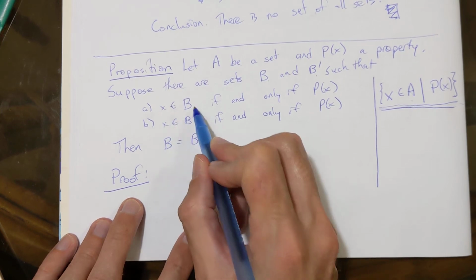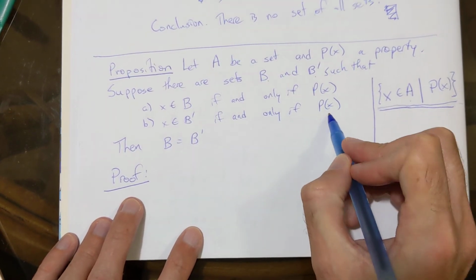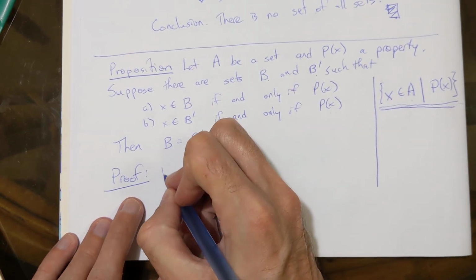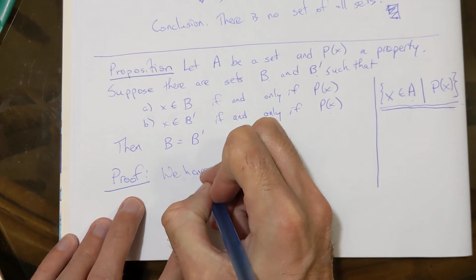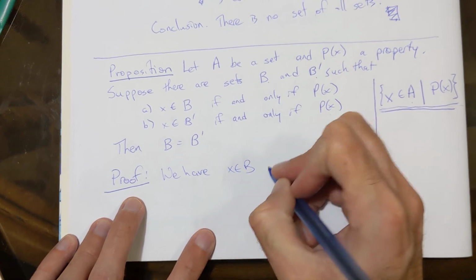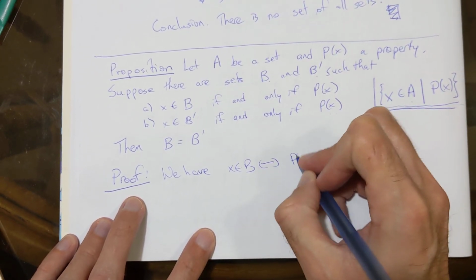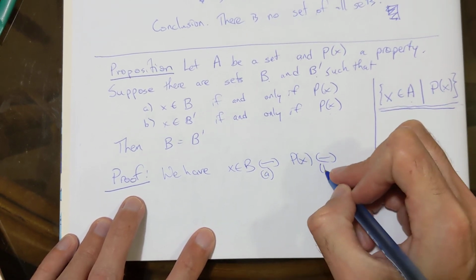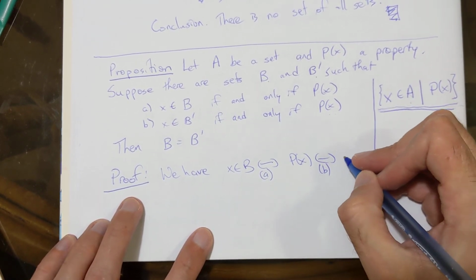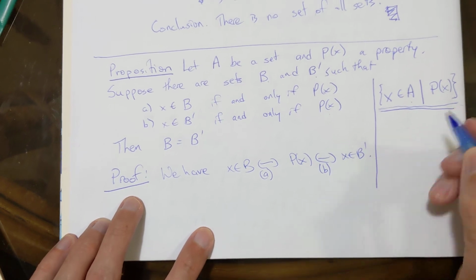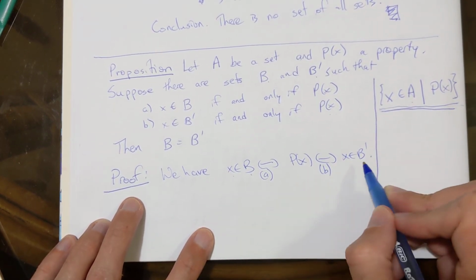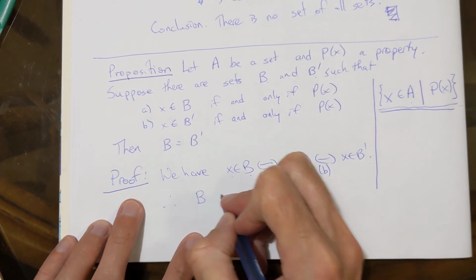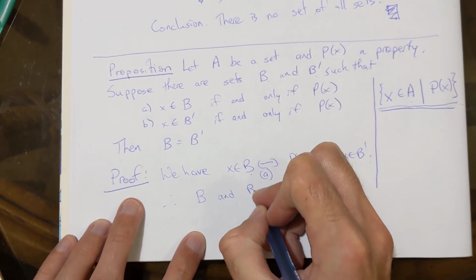We see that X is in B if and only if P of X, by assumption A, and by assumption B, P of X if and only if X is in B prime. Therefore X is in B if and only if X is in B prime. So B and B prime have exactly the same elements.